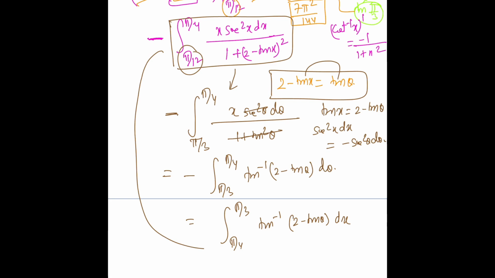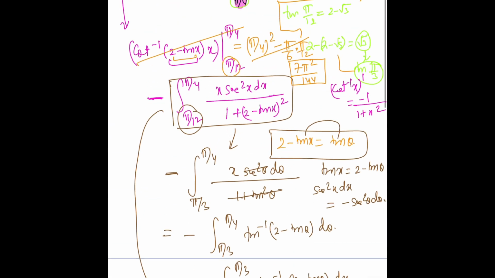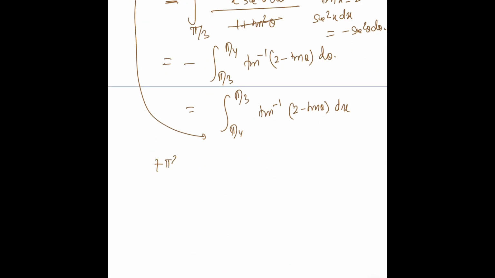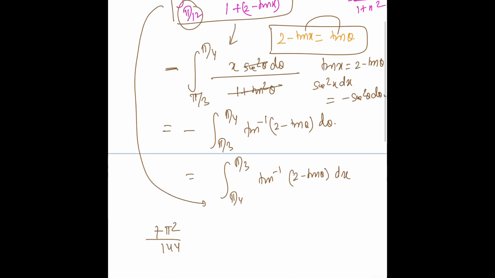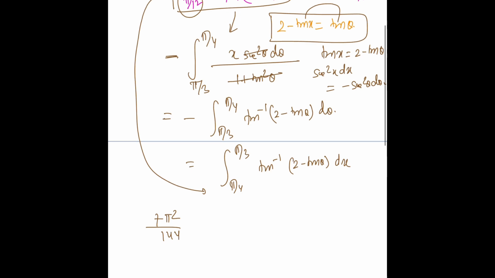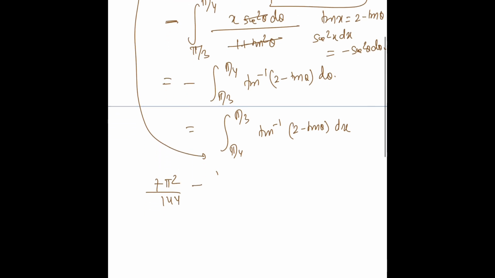And since minus is already there in front, overall the second term, finally I am getting 7 pi square by 144 and minus of the integral from pi by 4 to pi over 3 of that quantity.